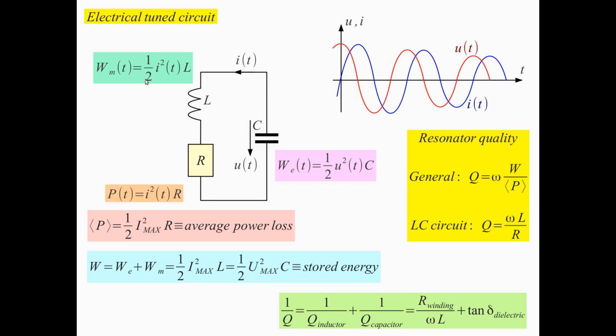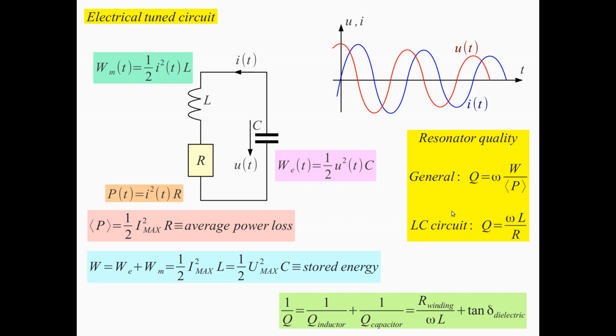In the average power loss, there is also a 1/2 in front, because when we calculate things in the frequency domain, we usually state maximum values, while for the average power, the effective value is important. So here is 1/2 of the peak power loss inside the resistor.